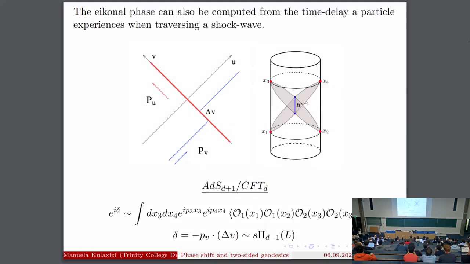This has first been defined in the CFT language for the four light operators correlation function. So if you wanted to study this object in the CFT, the dual gravitational description would be given by the amplitude in the eikonal phase.